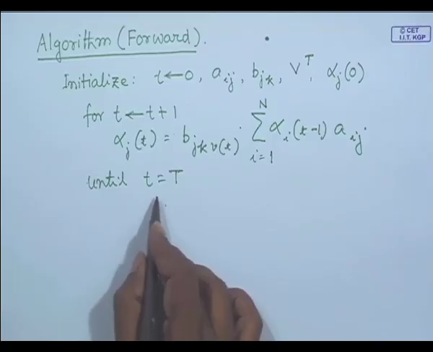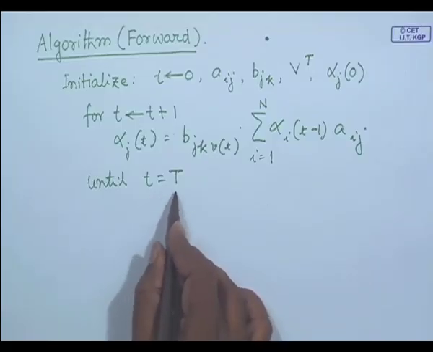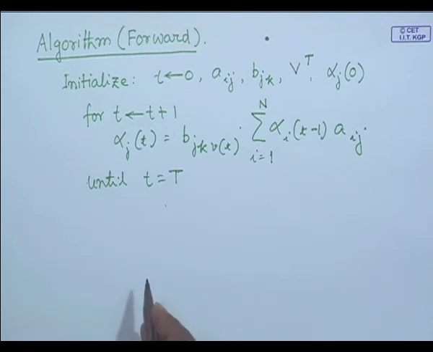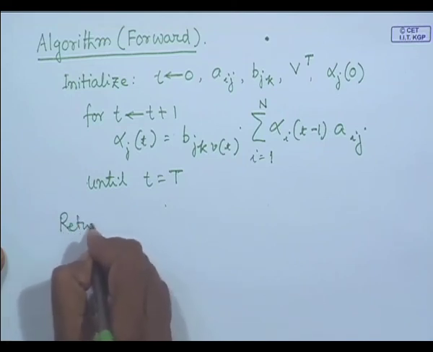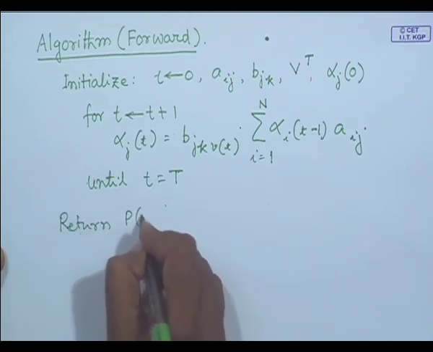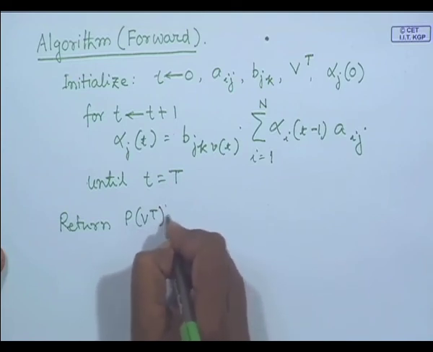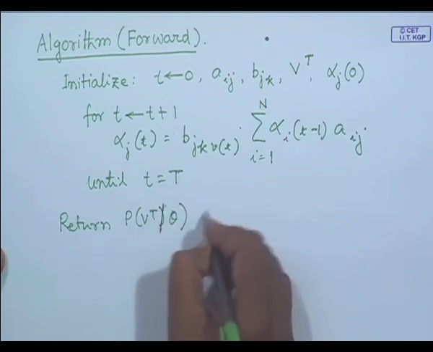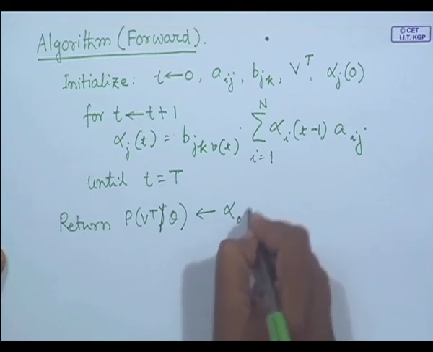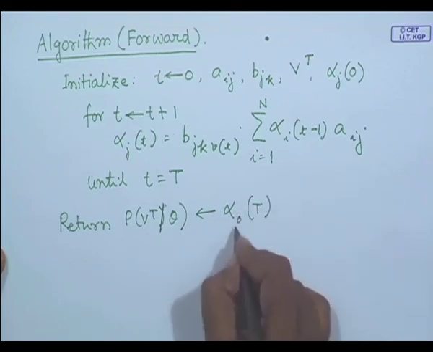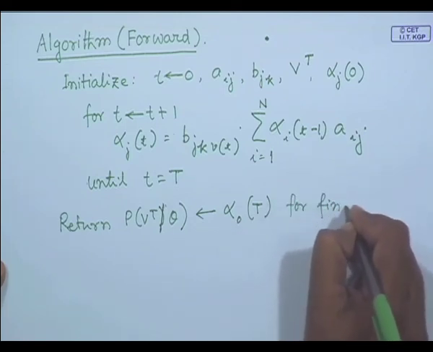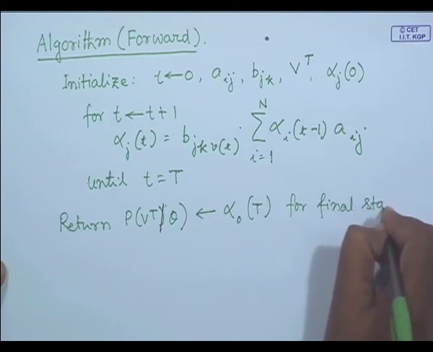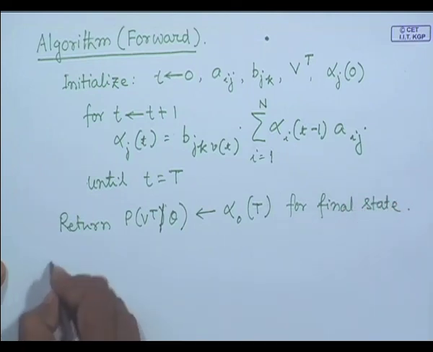At the end, I return p of V T given theta, which is nothing but alpha 0 T, where alpha 0 is the probability of the final state, and the algorithm stops there.